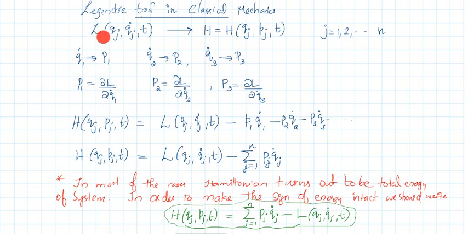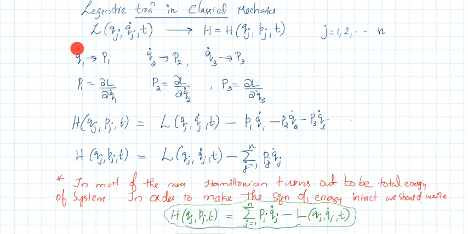Here the Lagrangian is a function of generalized coordinate, generalized velocity qj dot, and time. And the Hamiltonian is a function of generalized coordinate, generalized momentum and time. So you can see that qj dot is exchanged with pj. Actually j can take values 1 to n, so there are n qj dots here and n pjs.